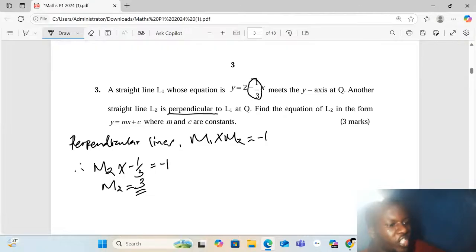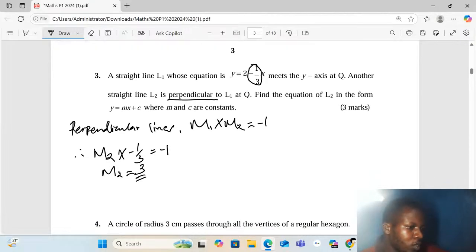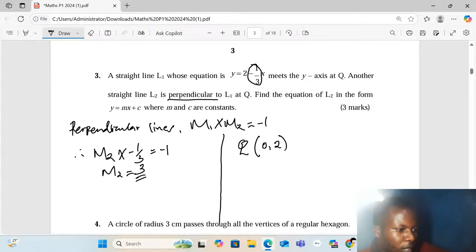Now we have a point Q. At point Q, we are having x to be 0 and y to be 2.